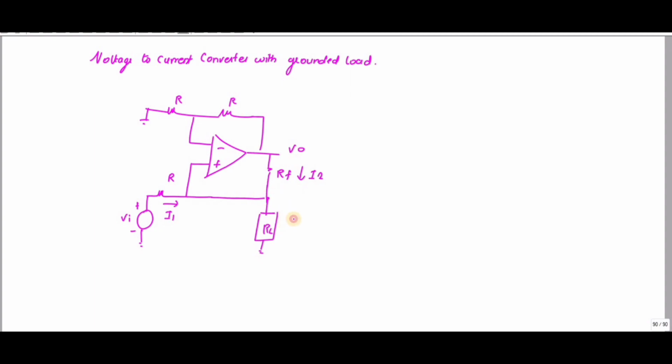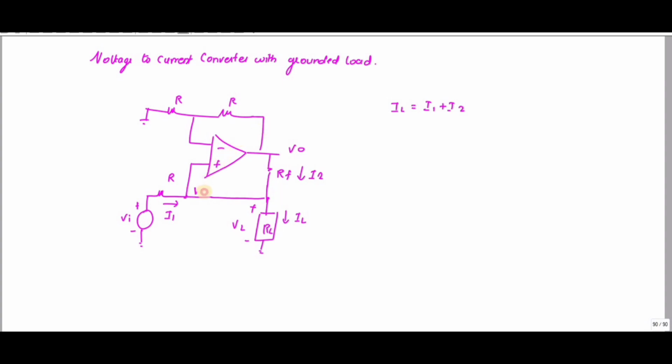From this I can write IL is equal to I1 plus I2. This point, let me term it as VA.